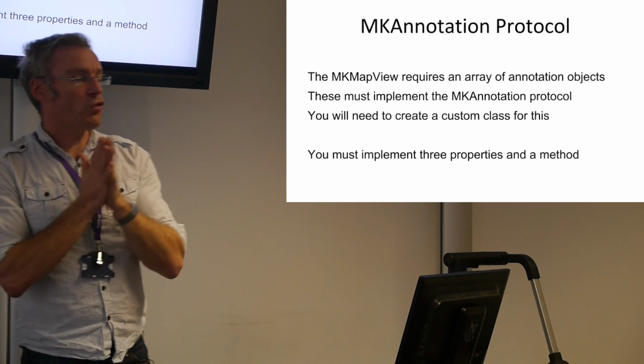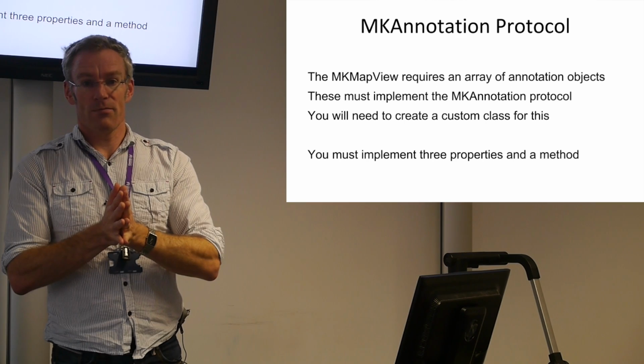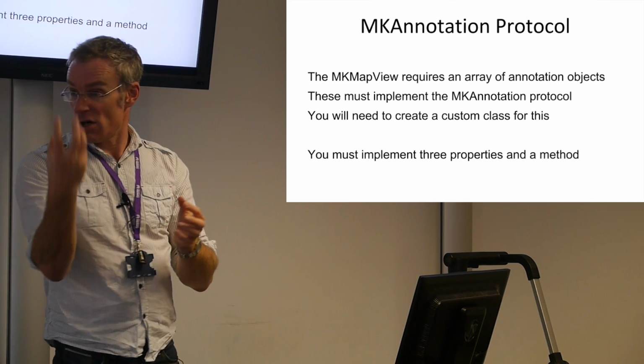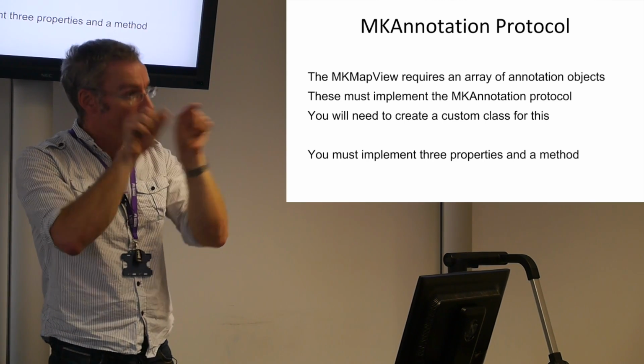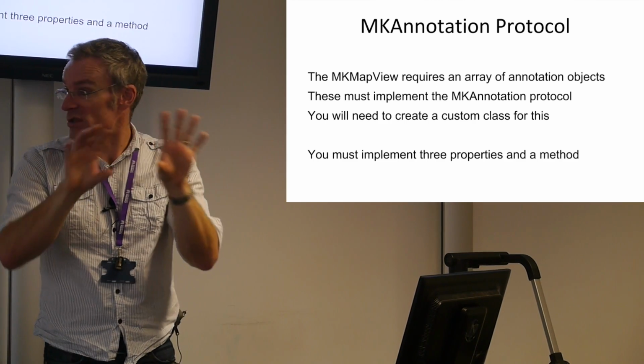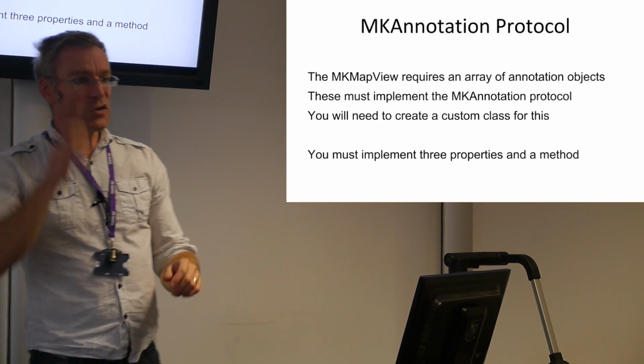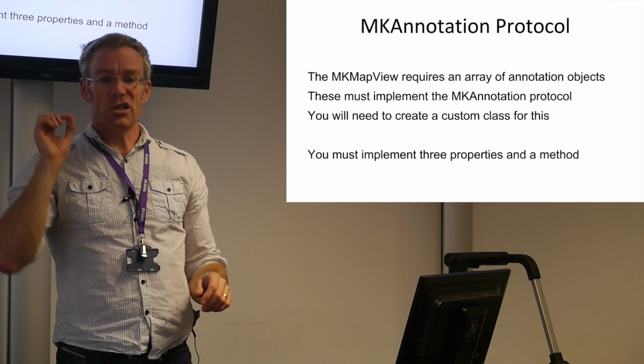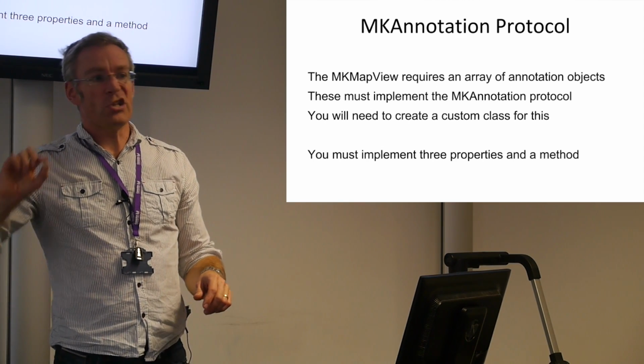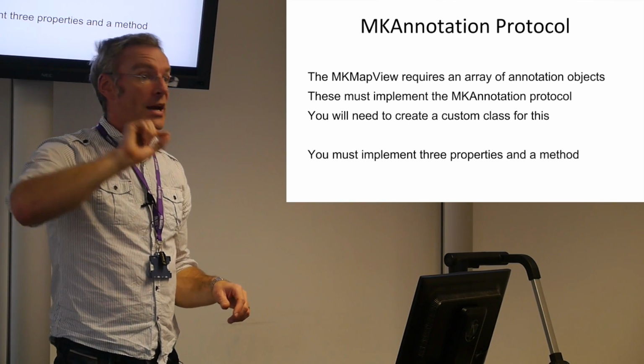So what we have to do is create a custom class, which is our annotation object, because obviously you might have different things in your annotation: photographs, text, labels, and so on. Now, you can't subclass anything. What you have to do is create a subclass of NSObject which implements the MKAnnotation protocol.